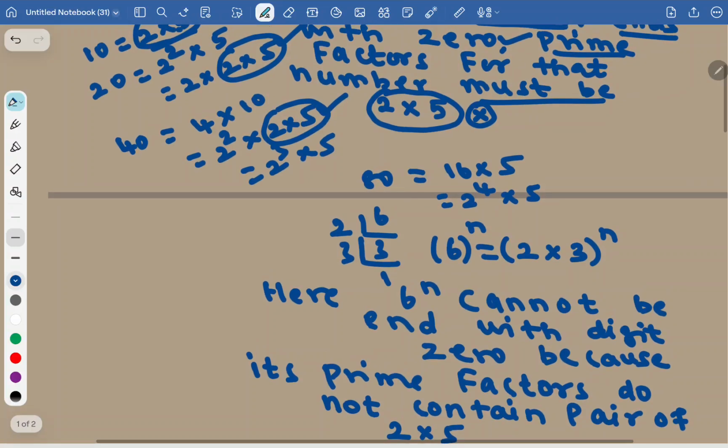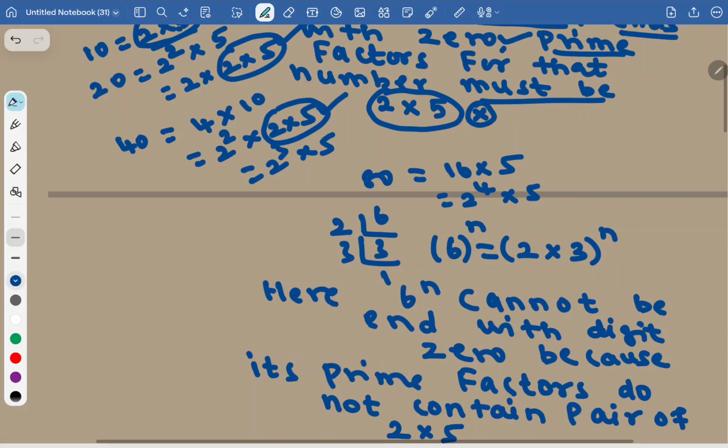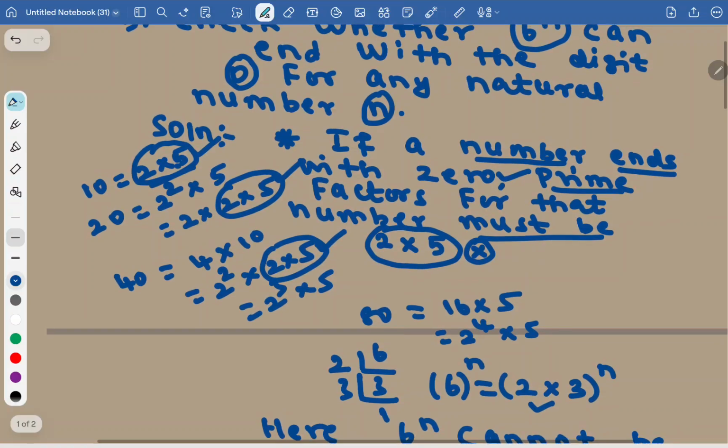For a number ending with 0, the prime factors must include 2 into 5. But for 6, I am getting only 2 into 3, not 2 into 5. If I got 2 into 5 for 6, then we could say the number ends with digit 0.